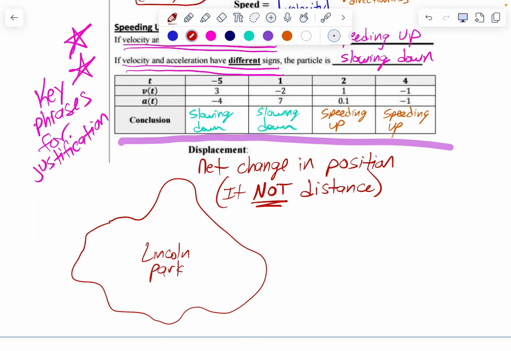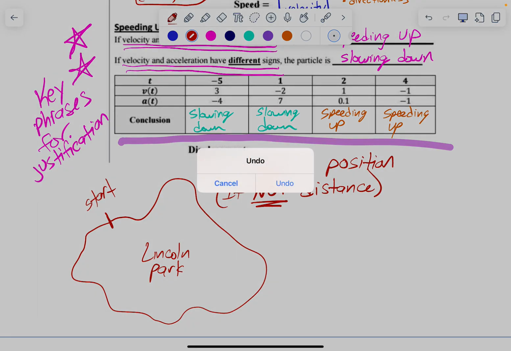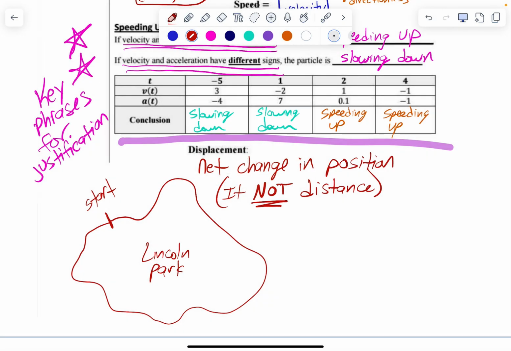You start here and you run around and end back where you started.